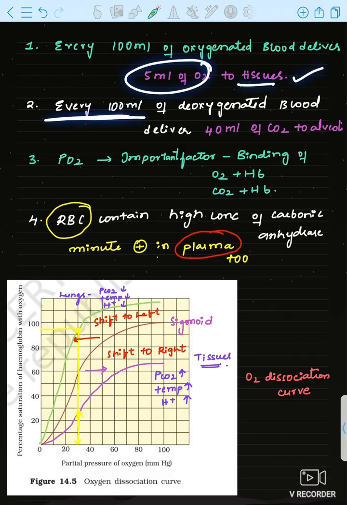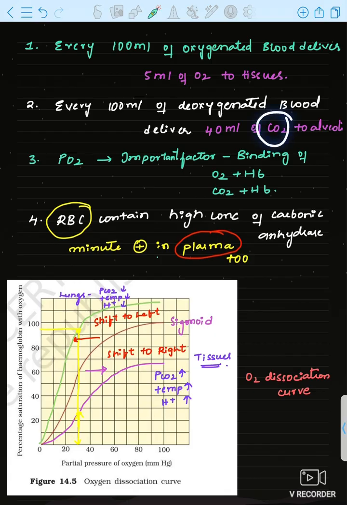And every 100 ml of deoxygenated blood, going to the lungs alveoli to get oxygenated, how much CO2 is it giving? 40 ml. Remember, this is so important. No, it's not 40, it is 4 ml.